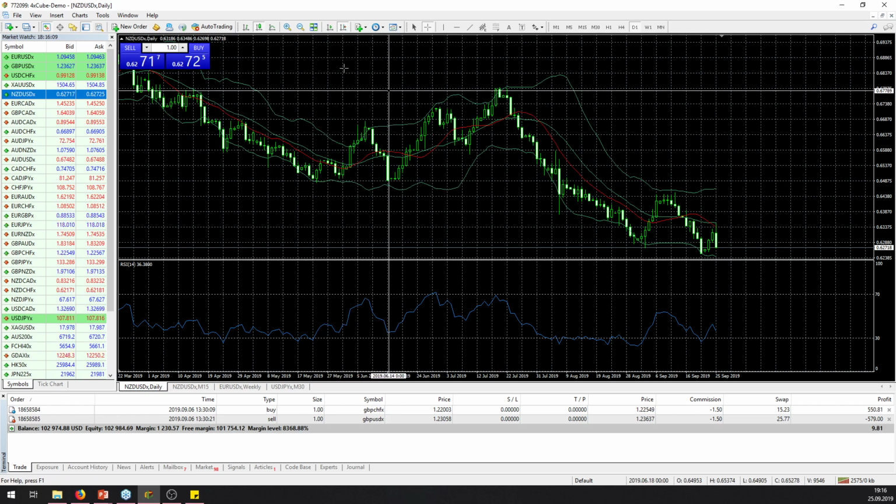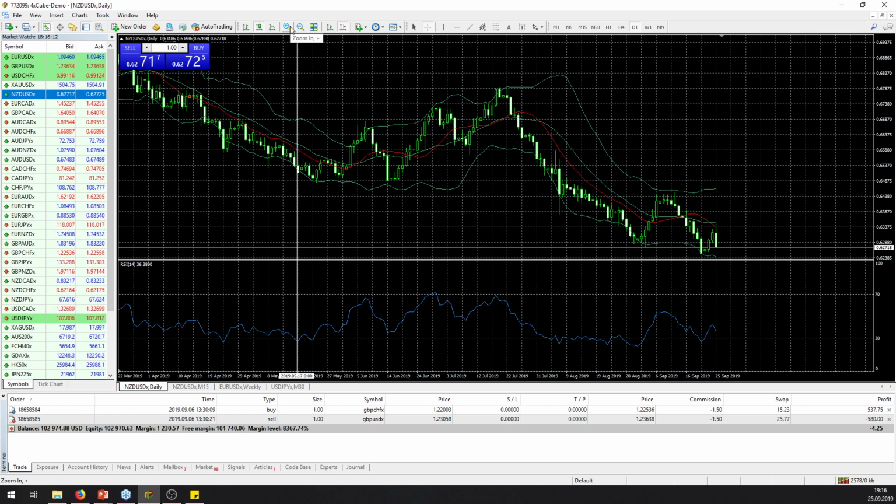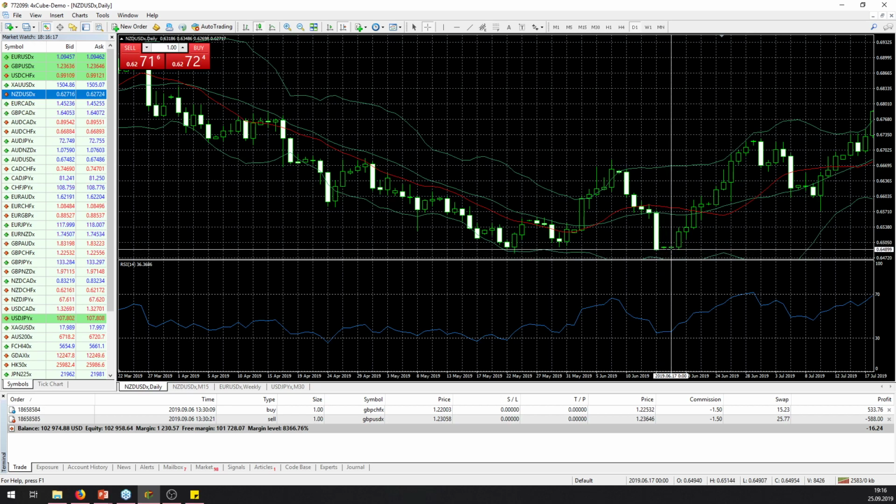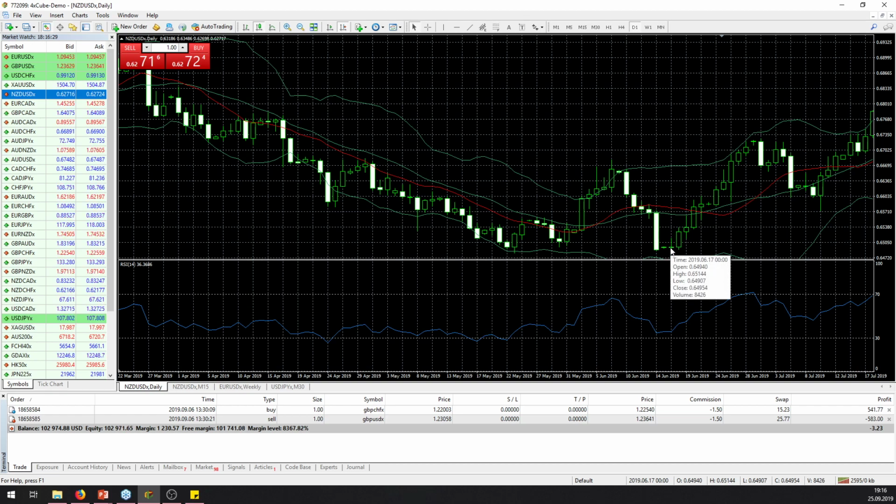I want to zoom in a little bit to demonstrate this to you a bit better. So what was that? The 17th of June. There we go, 17th of June. So on this particular day, you can see we've got a very small body, little or no lower wick, and an extended upper wick, which demonstrates that there is more bullish or more buying activity, and more investors looking to buy.